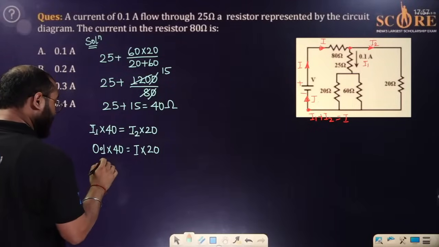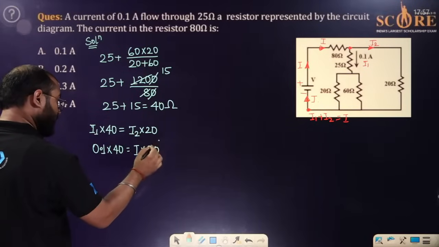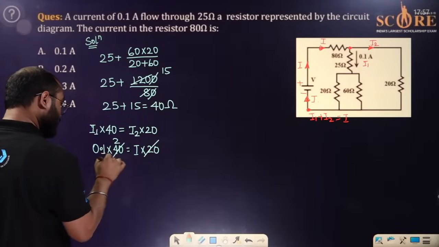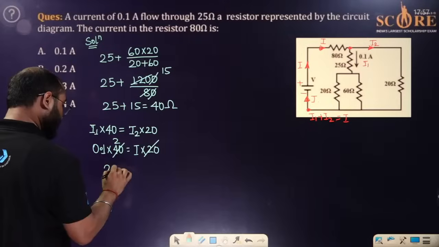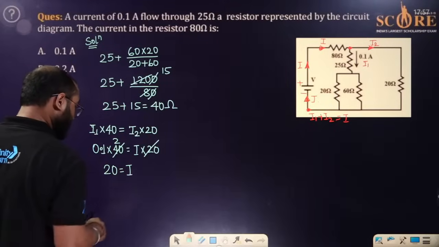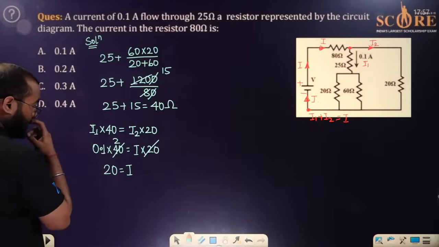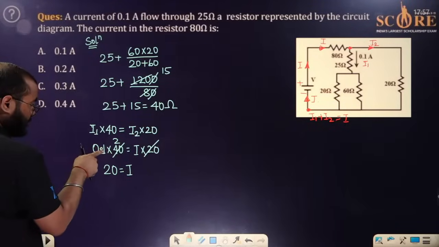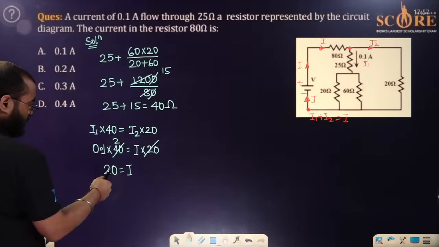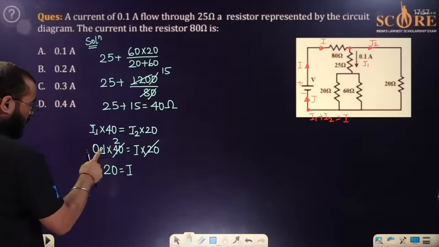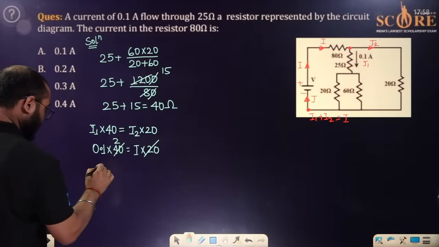Okay, so as you can see, this and this cancel, it is 2. I have made a math mistake, sorry.